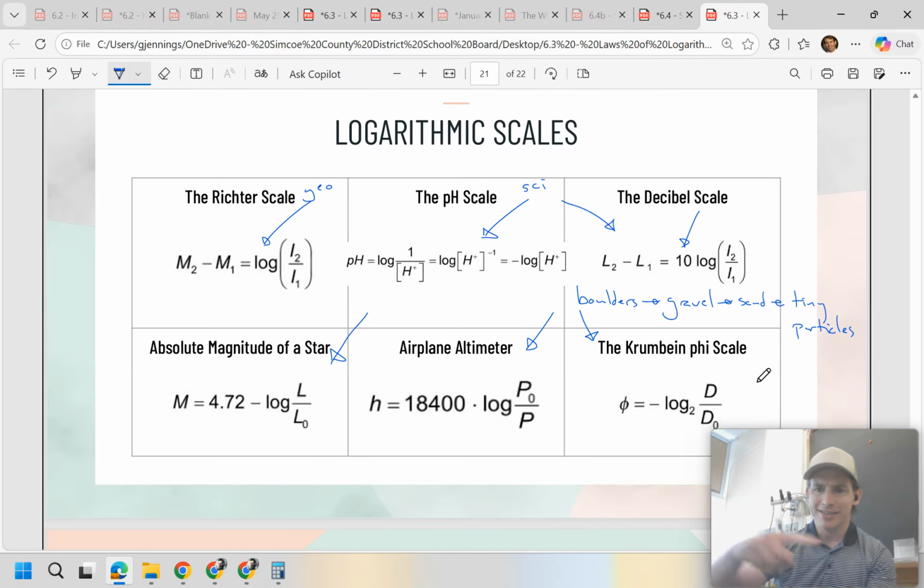And if you want a scale where you can fit boulders, cobblestones, small gravel, and tiny microscopic particles all on the same scale, doing so linearly, where if I increase from here to here it moves that much on the graph, how can I distinguish between small and very, very small? So a logarithmic scale allows you to graph that type of information much more effectively.